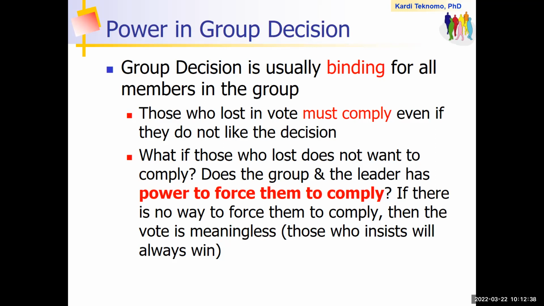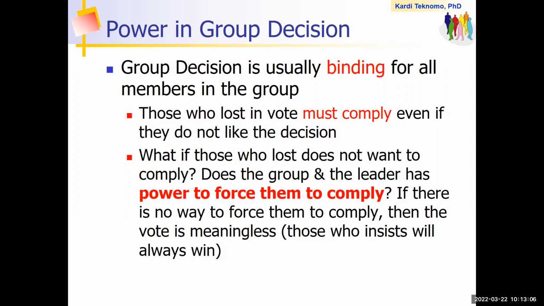So my question is this: what if those who lost do not want to comply? Does the group or the leader have the power to force them to comply or not? If there is no way to force them to comply, then the vote is actually meaningless, right?